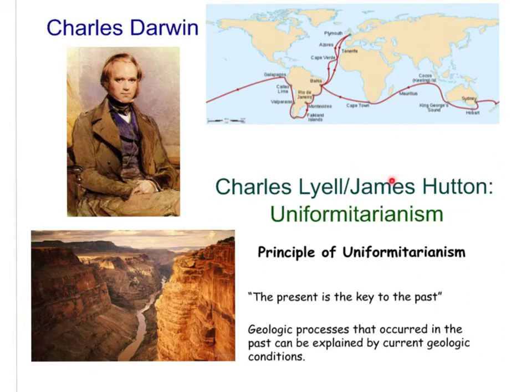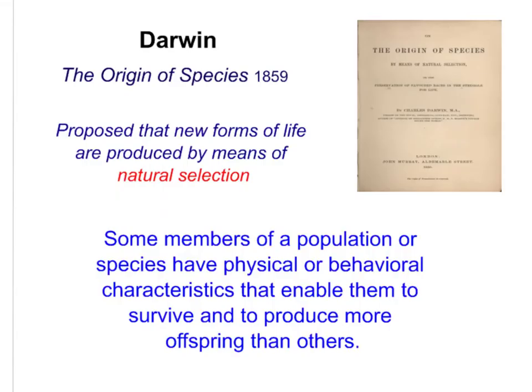James Hutton was the original scientist that came up with the idea that geologic forces produced changes on Earth in the past, and that those same forces will continue to produce changes in the future. That is a key idea behind a lot of what Darwin proposed and a lot of his explanations.